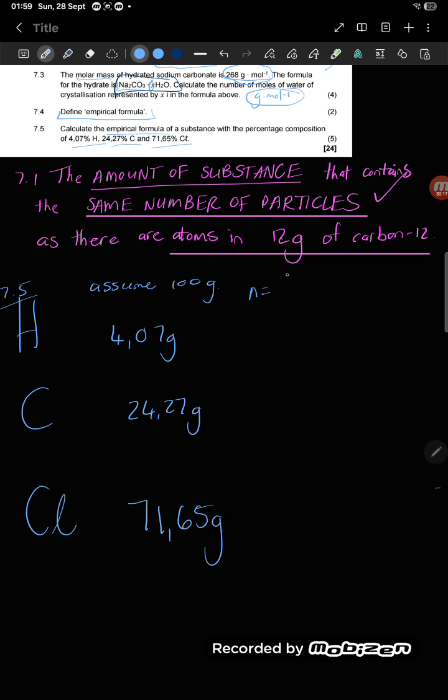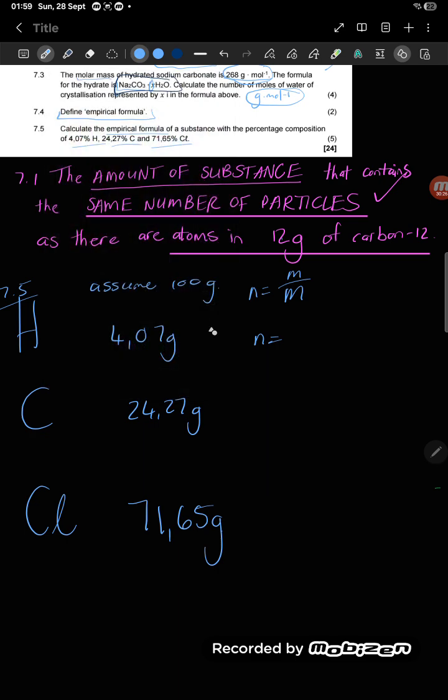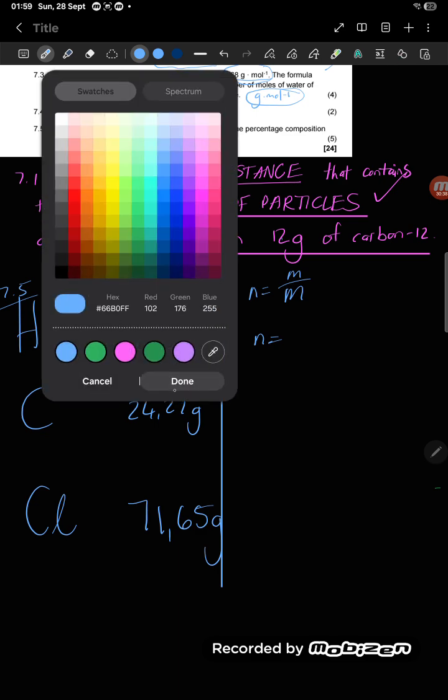Then you put n equals m over M. You're going to follow the same route every time. They're going to ask the same thing with different numbers, or even with the chlorine. Every time it's the same thing.